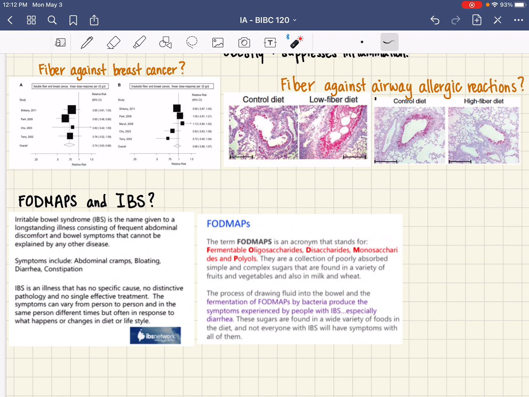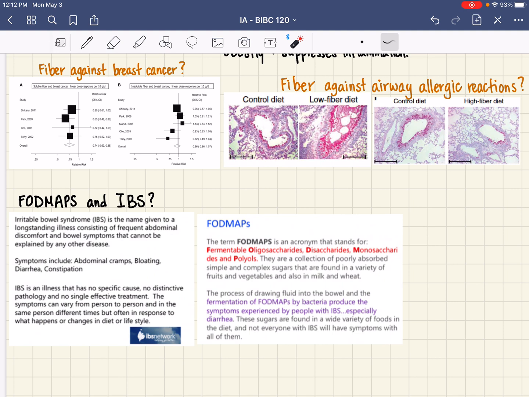However, there are, of course, people who have IBS and they avoid FODMAPs, but they still have the symptoms of IBS. So this isn't something that is true for every individual, because every person's gut microbiome and organism is different.